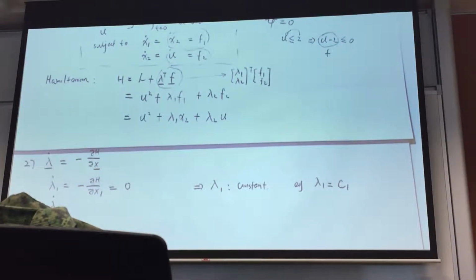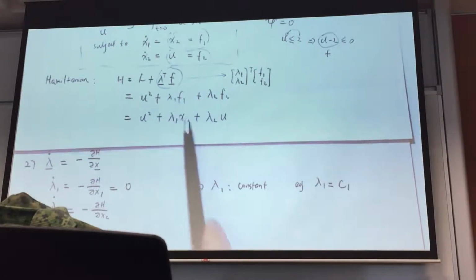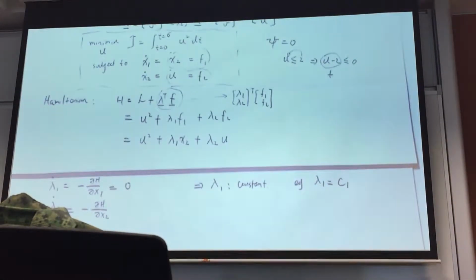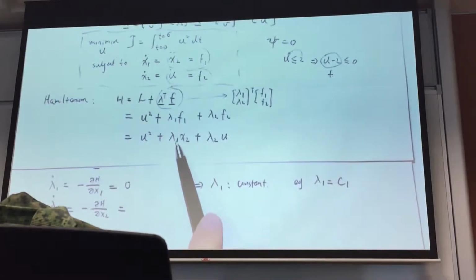Similarly, we have lambda 2 dot equal to minus dH/dx2. What's the value of dH/dx2 from this equation? The first part is 0. From the second part we get lambda 1.